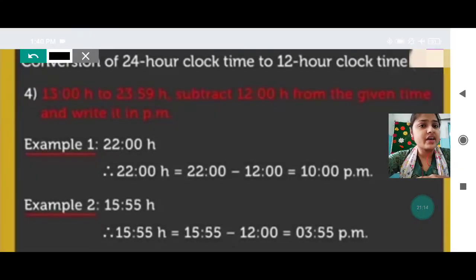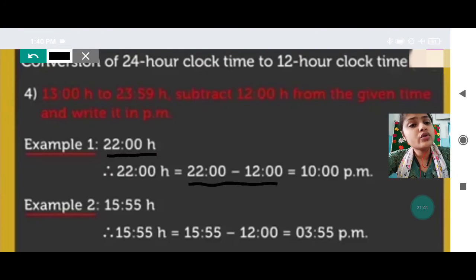Now in the same way, if you are converting 22 hours, or if the timing is given as 15 hours and 55 minutes, then what will you do? When the timing in 24-hour clock is after 12, like 13, 14, 15, you just subtract 12 from it.